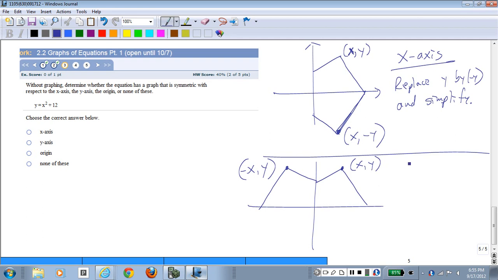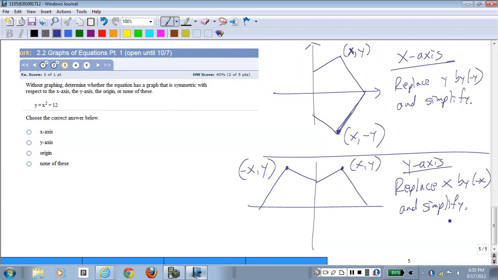So what we'll do for y-axis symmetry is replace x by negative x and simplify. If we can make that look like the original equation or something that's equivalent to it, then it'll have y-axis symmetry. Otherwise, it won't.